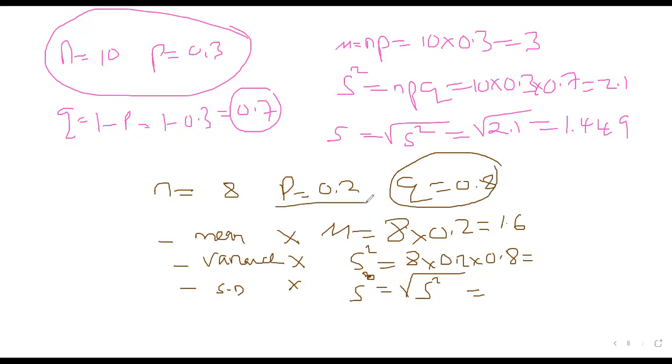The difference from the p. This is 20%, this is 80%. The mean is np. So n is 8, p is 0.2. The variance is npq. So this times that times that. 8 times 0.2 times 0.8. So this is 1.28. Then when we square root the answer here, we're going to find 1.13. So this is how these are computed.